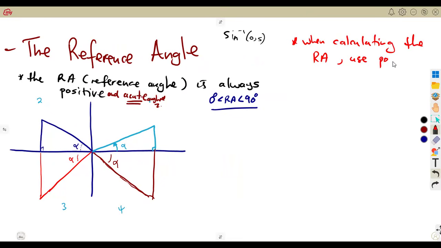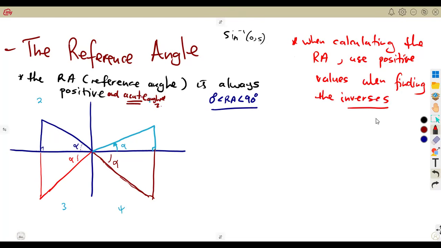Use positive values when finding or determining the inverse. What are we finding? The inverse part. When finding the inverses.